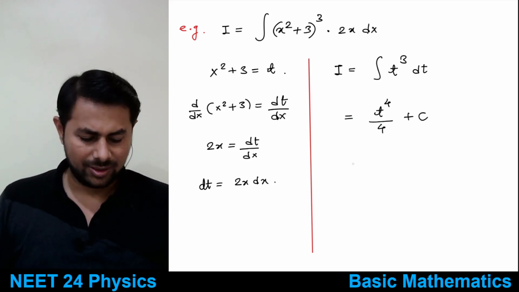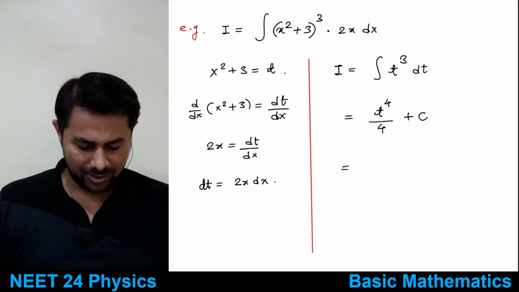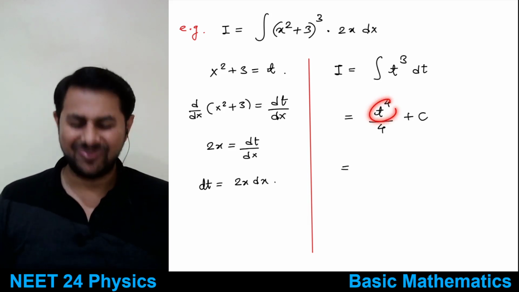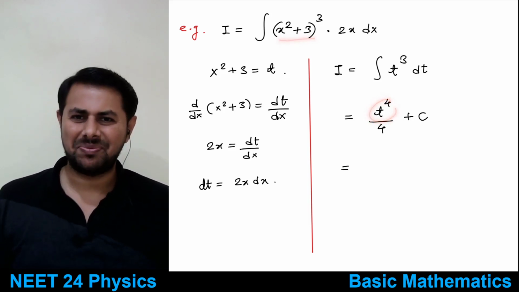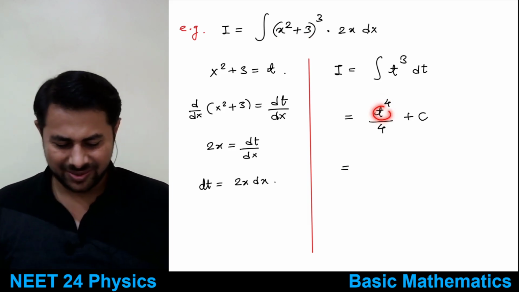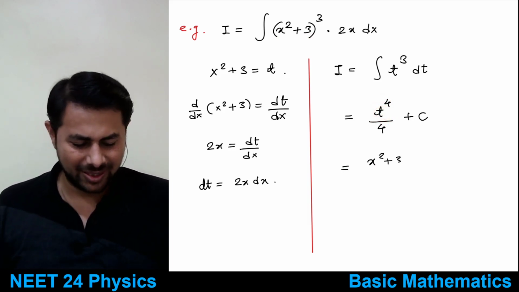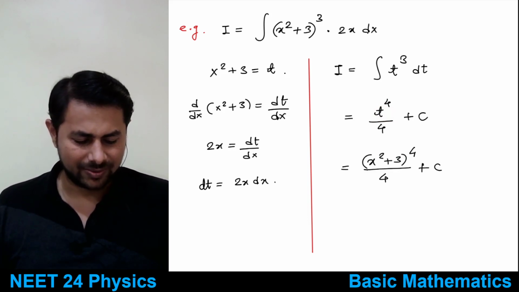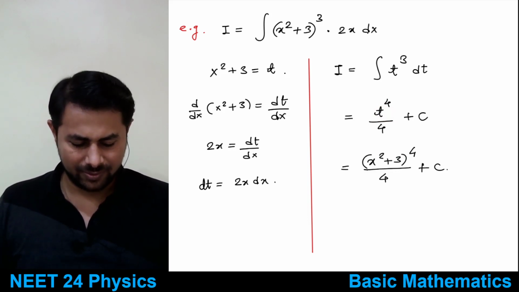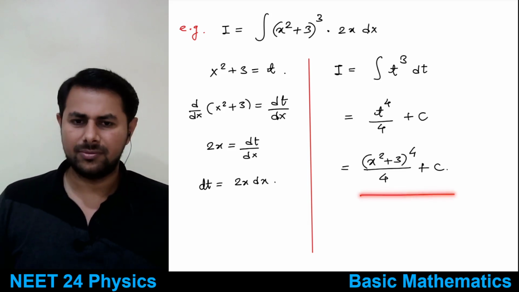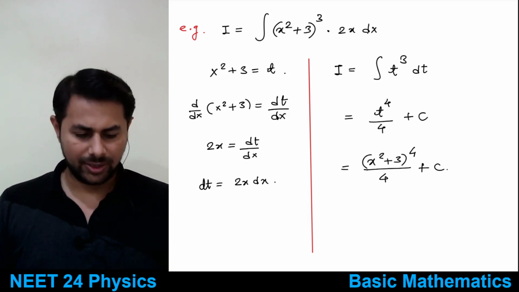And then you can substitute your t. So t is x square plus 3. Put that in, so it is x square plus 3 raised to 4 divided by 4 plus c. So that's the answer. Is this format clear? Yes, no? Yes, sir. Okay, everyone?